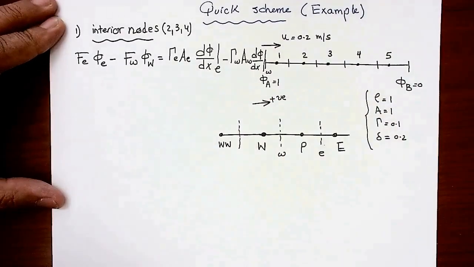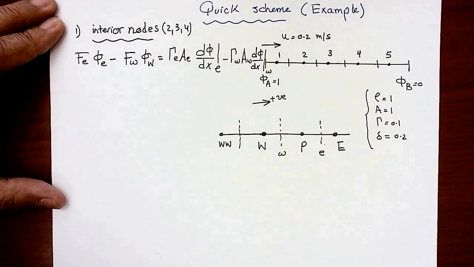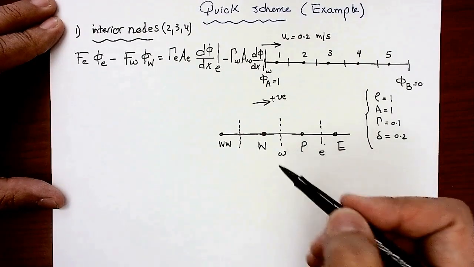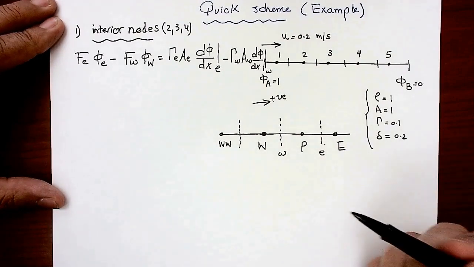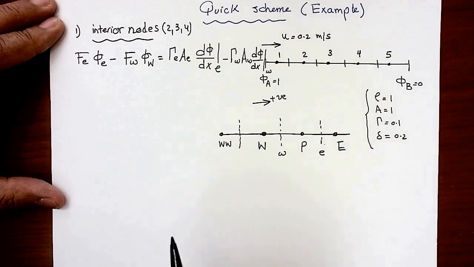This is the general equation. Again, all we are trying to do is to approximate the value at the face by the unknown values of the nodes. That's simply what we are doing here.